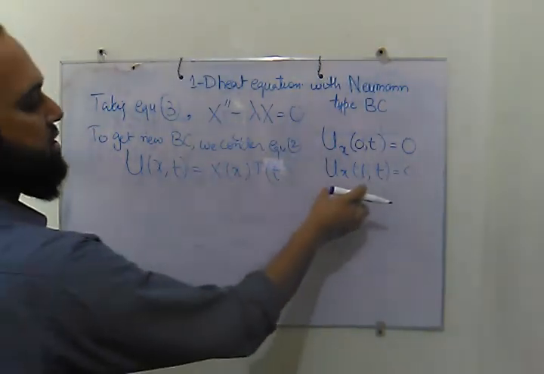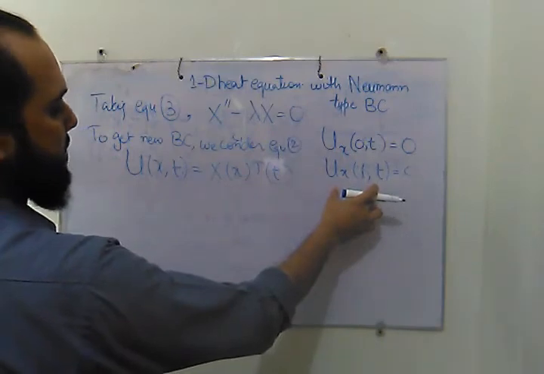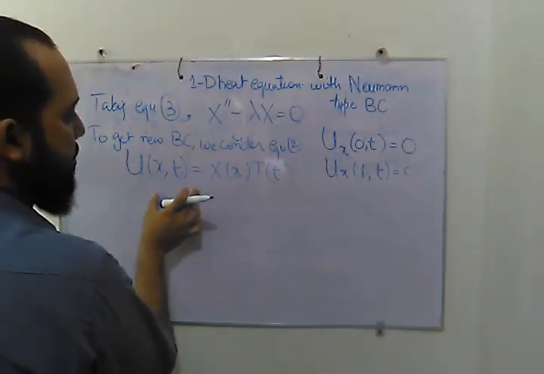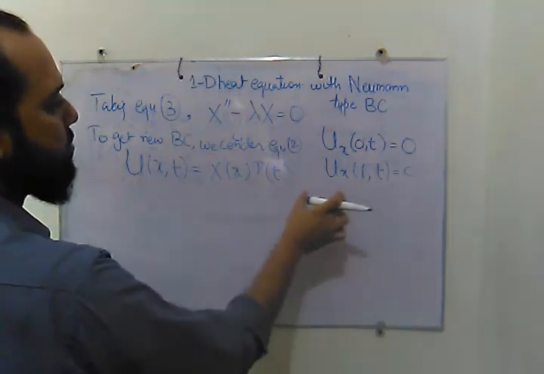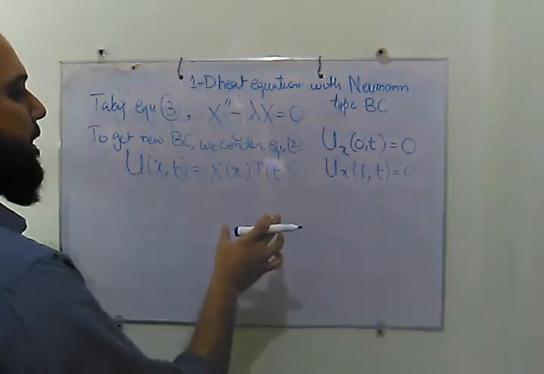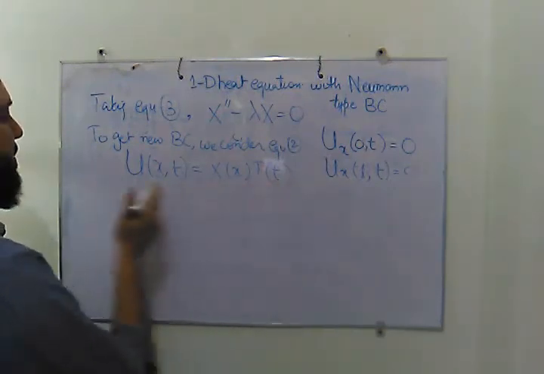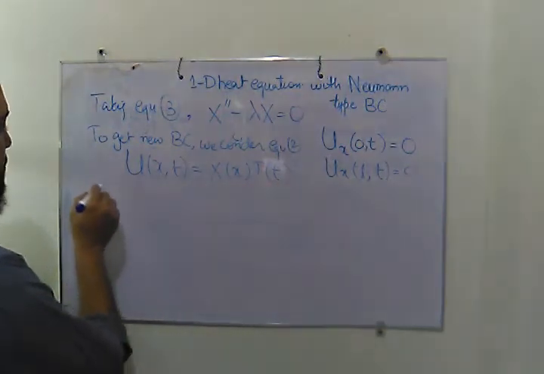However, since we have boundary conditions in derivative form, but the proposed solution is not in derivative form, in order to make it suitable for the derivatives, we take the derivative of the solution.